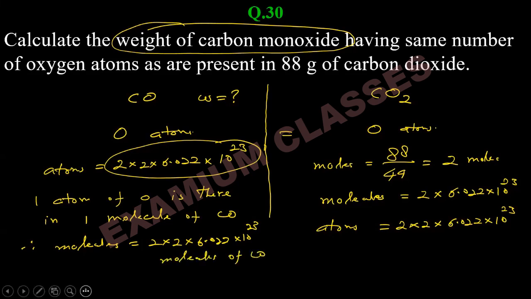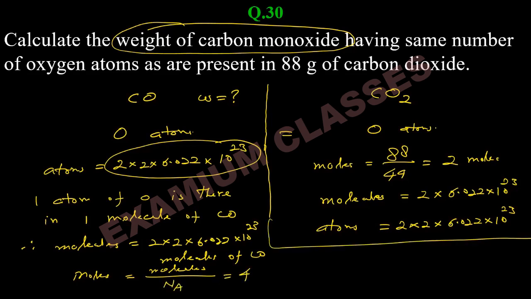How many moles will be there out of these? So we will divide it by Avogadro's number, so 4 moles. Good, very good. Moles will be number of particles divided by Na, if you remember the conversion diagram. So it will come out to be 4. Now with 4 moles, what will be the weight?